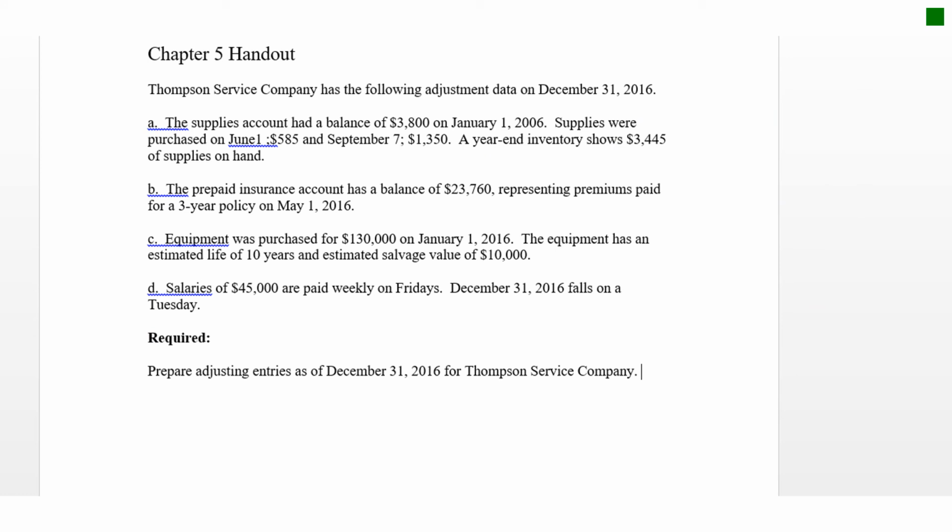On Part B, again, you've seen this before. Prepaid insurance has $23,760. It's a 3-year policy. Notice the date is May 1st. So you could take $23,760, and if you wanted to, divide by 36 months. And then here's where you have to start counting. You've got May through December 31st.